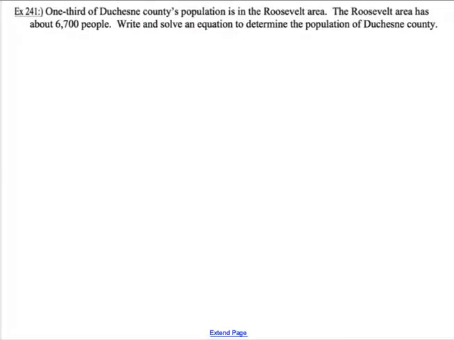Next example. 1/3 of Duchesne County's population is in the Roosevelt area. The Roosevelt area has about 6,700 people. Write and solve an equation to determine the population of Duchesne County. All right, population of Duchesne County is going to be our unknown. Let's use a D for the population of Duchesne County.